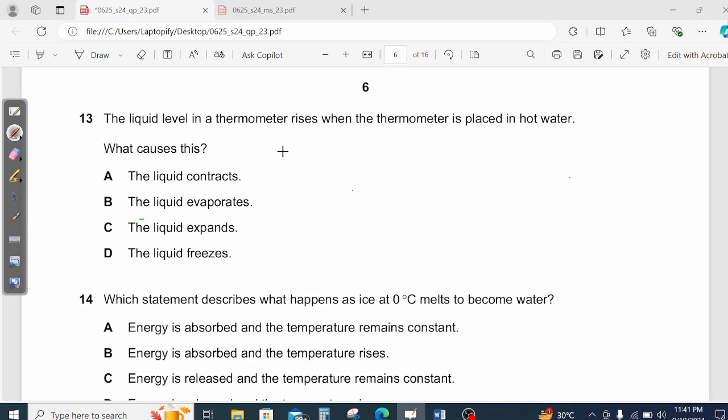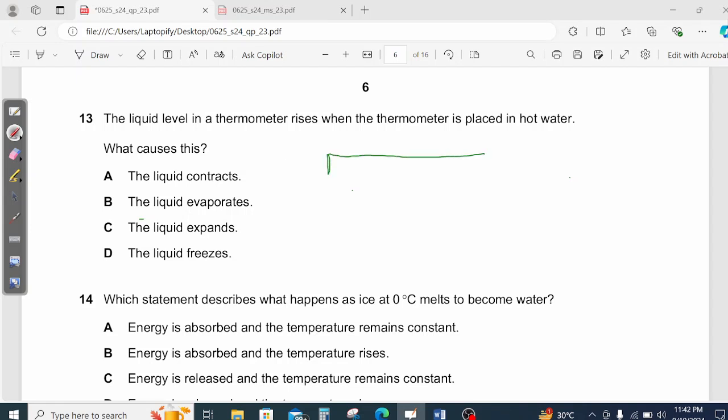What causes this? Remember, in a thermometer we use mercury as a liquid material, because when you place the thermometer in your mouth, if you have a fever, or in hot water, the mercury in the bulb will start to expand.